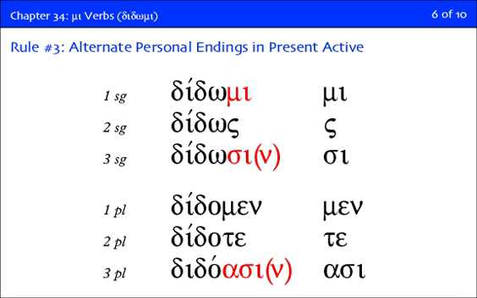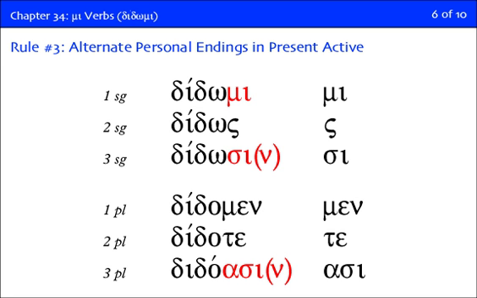So if you see the mu iota, you know it's first person singular. Then you have didos, second singular, didosi with the nu movable. That's the one you have to be careful of, because you may think that this is a third plural or some sort of dative or something. But the sigma iota with the nu movable is the third singular ending you'll have to learn.